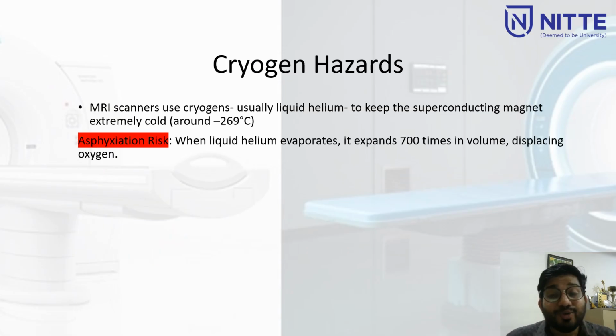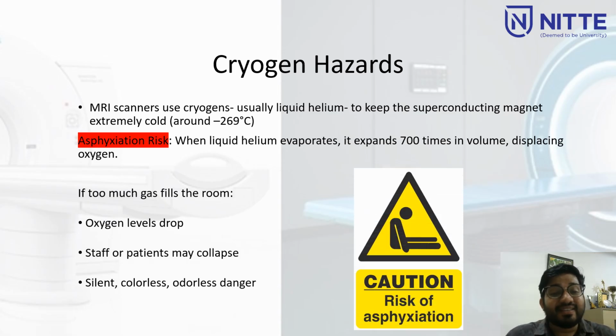So we'll look into cryogen hazards. As we know, the MRI scanner uses cryogen, usually liquid helium, to keep the superconducting magnet extremely cold to achieve zero resistance. So it is around minus 269 degrees Celsius. The MRI scanner is filled with approximately 1000 liters of liquid helium.